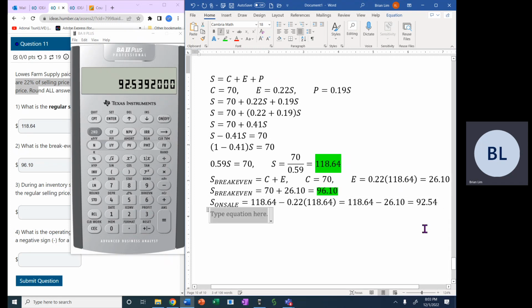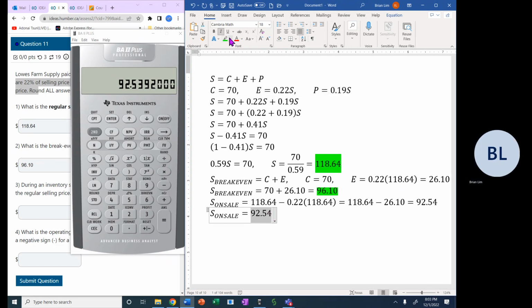Now, just let me complete this, and then I will go back and do it in the more conventional way. So 92.54, that should be correct. Let us just highlight that and put it there.